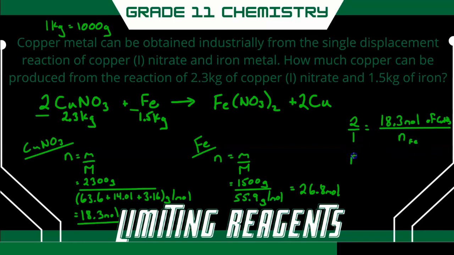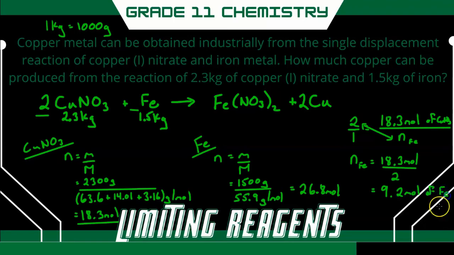So if we rearrange for the moles of iron, we get 18.3 moles divided by 2. And I'm just cross multiplying there, which gives us 9.2 moles of iron.